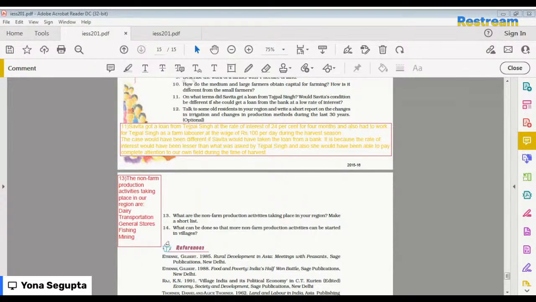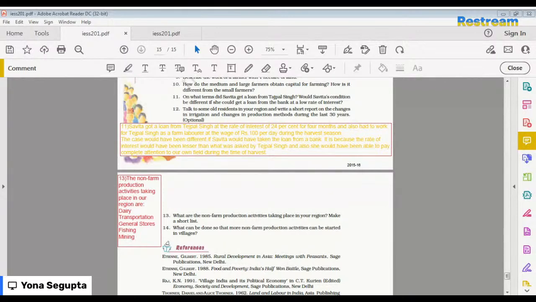The first step you can write is loans must be available for people at lower interest rates so that they can start up the non-farm activities. Number two is proper markets should be set up so that the produced goods can be sold.